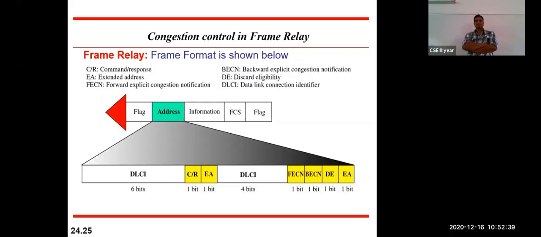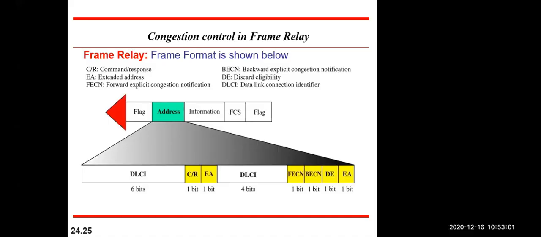Anyone in the class? Guess it. Try it. If you know, tell it. Don't keep it inside yourself. What is the most important field in PPP frame format? How did you identify whether it is an LCP packet, an NCP packet, or an authentication packet?